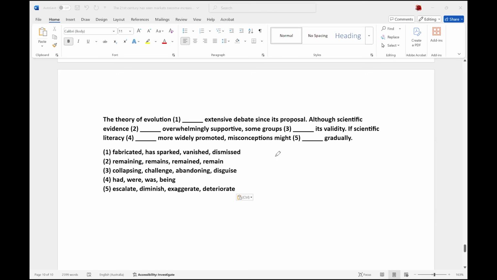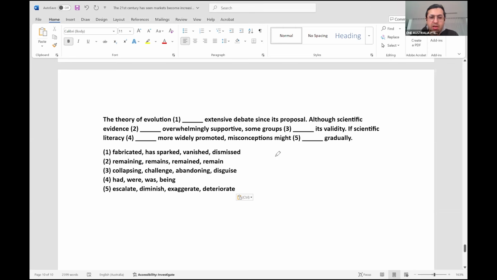Although scientific evidence dash overwhelmingly supportive. Remains. Remains or remain or remained? Remains. It is still in the present tense.